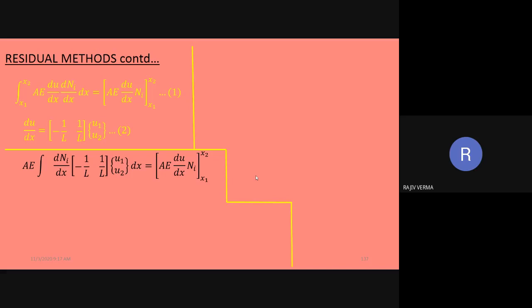Now in this equation we have simply substituted the value of du by dx in the left hand side. We are not substituting it in the right, we are substituting it in the left hand side. Then for I to be 1, we get the first equation.